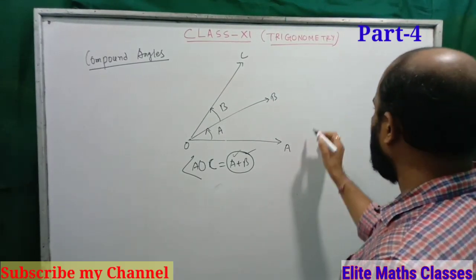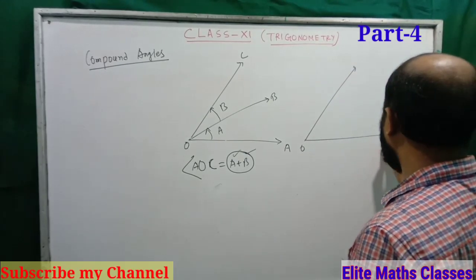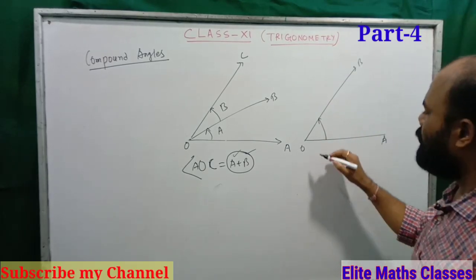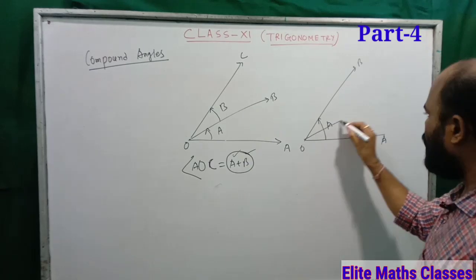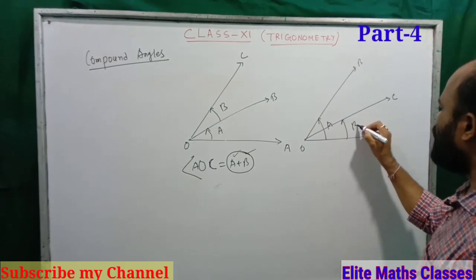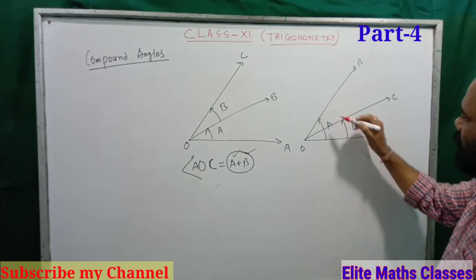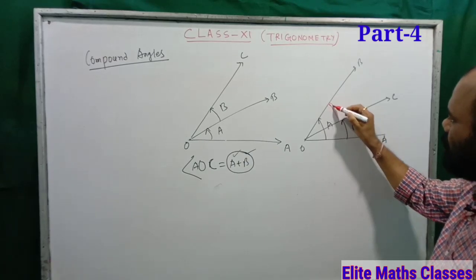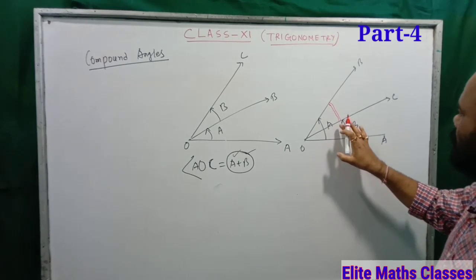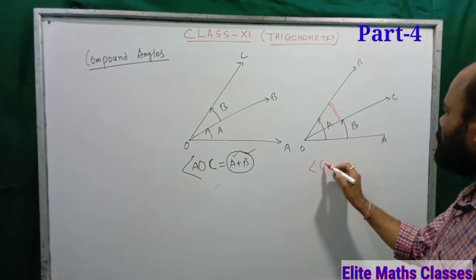Now see here, say this angle OAB, the measurement of the angle is A, and another angle here, say it is C, this angle measures B. Now the question is, from the figure it is clear, what is the measure of angle COB?